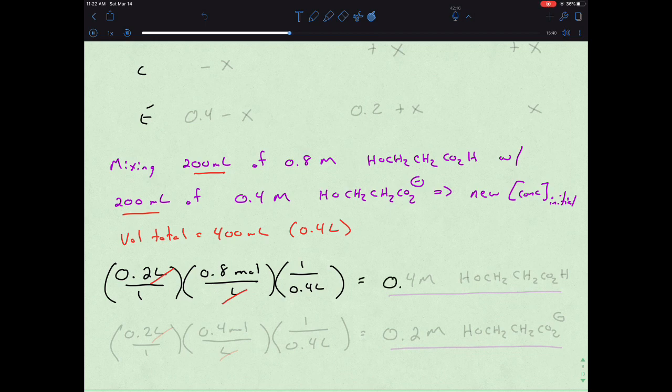So I have 0.4 molar glycolic acid. If I do the same calculation for the glycolate, I find that I have 0.2 molar. We're just increasing the volume 2 times, which means we're halving the original molarity.